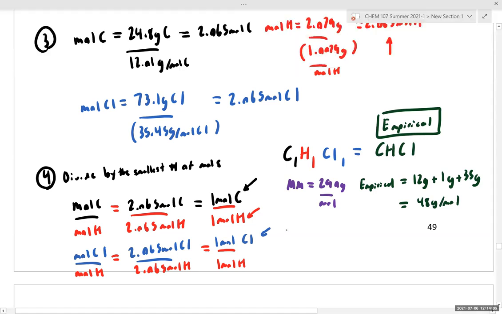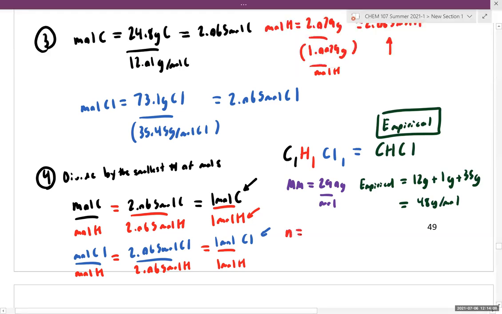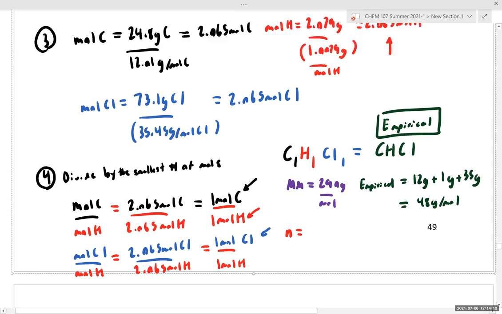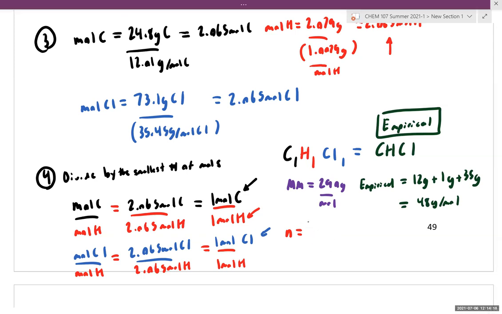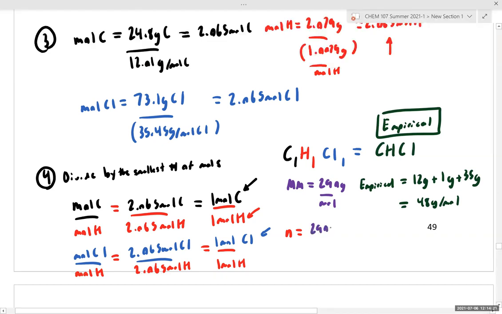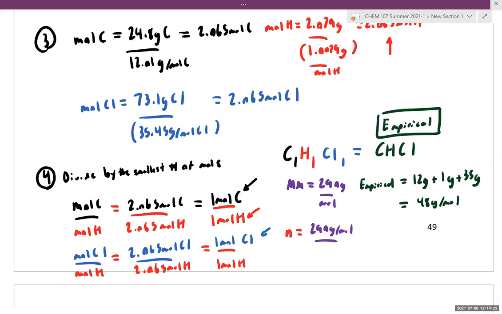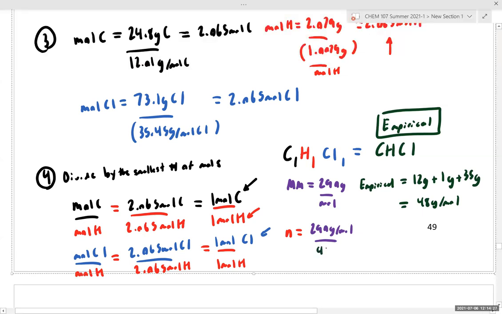From here, we can calculate N by taking our molar mass over the empirical formula mass. So we have 290 gram per mole divided by 48 gram per mole.